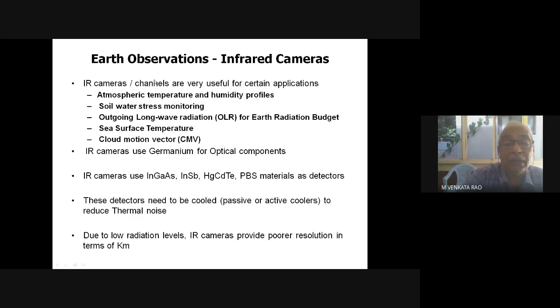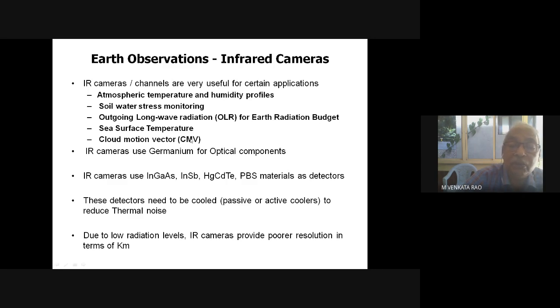There is a type of payload flown in one of the INSAT satellites, INSAT 3D. That is a sounder. Basically we call it a sounder. What happens is the radiation emitted by the Earth, infrared radiation, goes through the atmosphere and goes into the camera. That camera will have so many channel detectors in the infrared range.